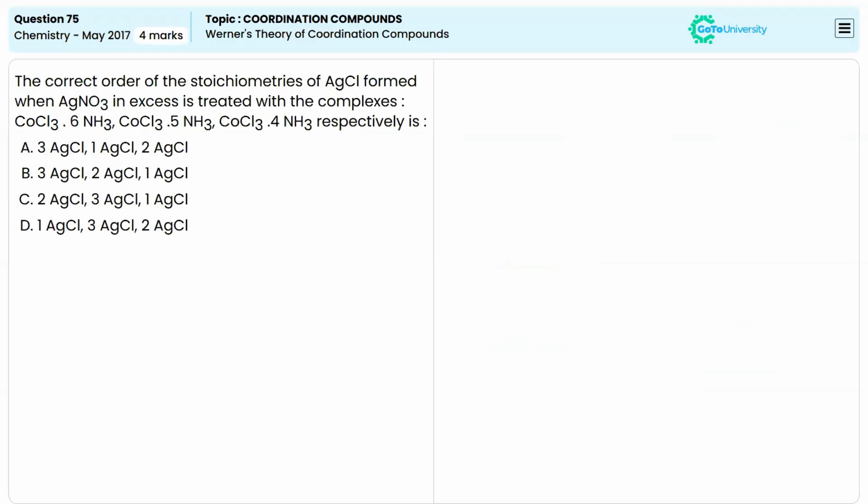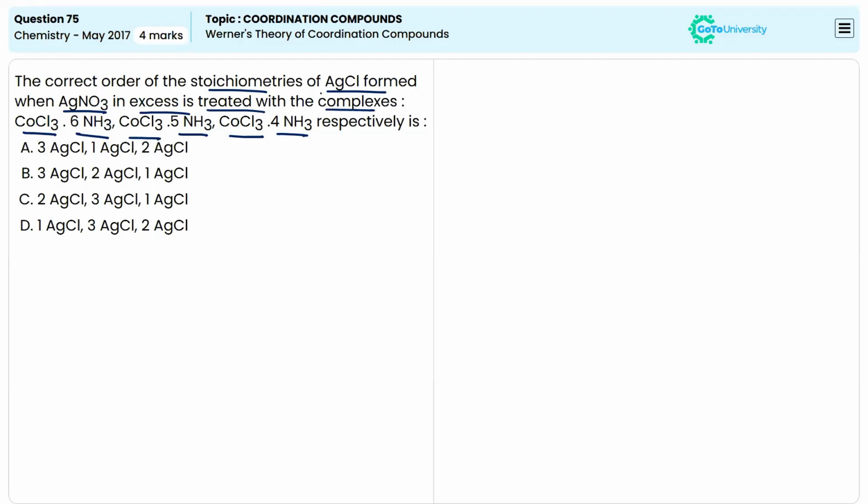Now the next question. Here we have three different complexes, CoCl3·6NH3, CoCl3·5NH3, CoCl3·4NH3, and we have to find out the correct order of stoichiometries of silver chloride formed when silver nitrate is added in excess with these complexes.